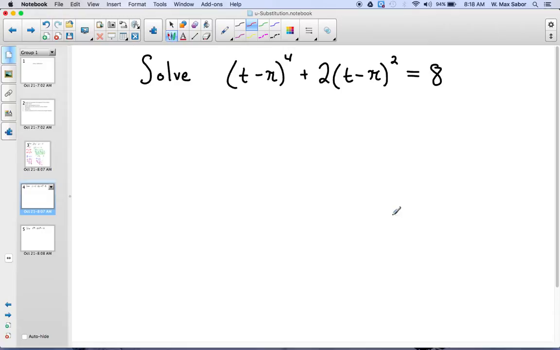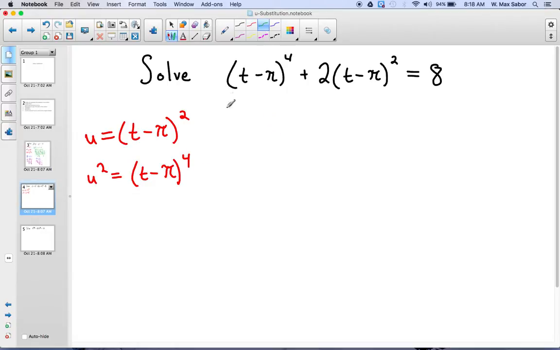This problem has a clear thing that is weird about it. I'm going to set u to be t minus pi squared. So that means that this is t minus pi squared. If we square that, we get t minus pi to the 4th.